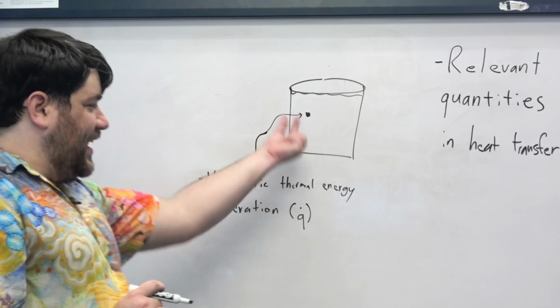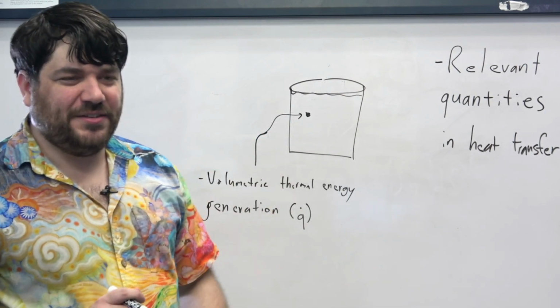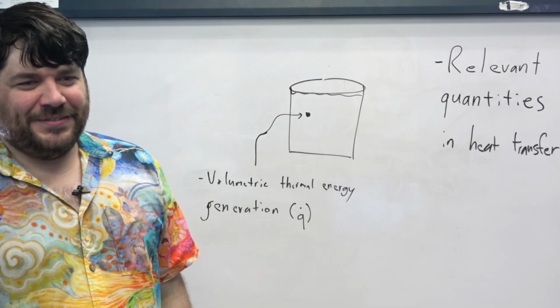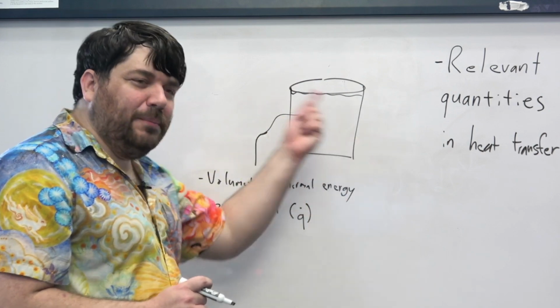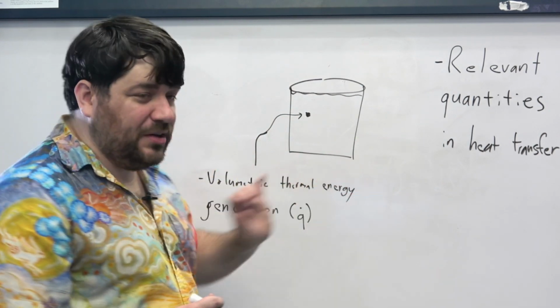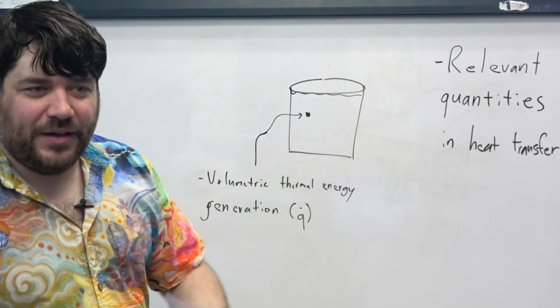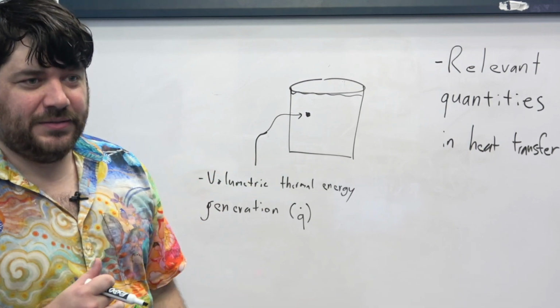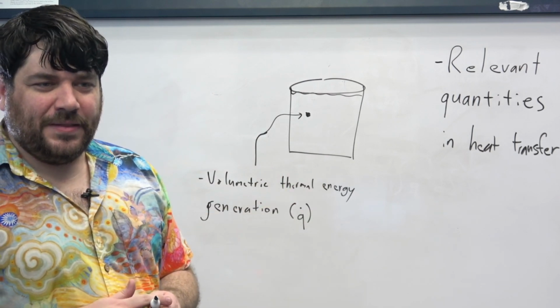And the idea is that at every little point, there's a little chunk of energy that's being generated. There's a little chunk of generation. And that if I take every point inside of this liquid and I add up all of the little contributions of the volumetric thermal energy generation, I get the amount of energy, or the rate at which I am generating energy inside of this system, okay?